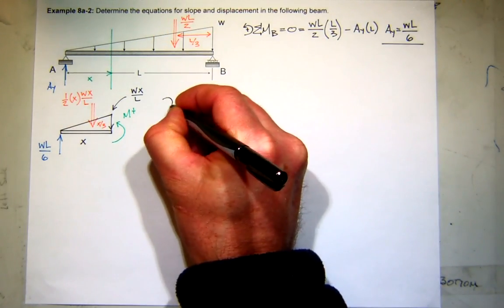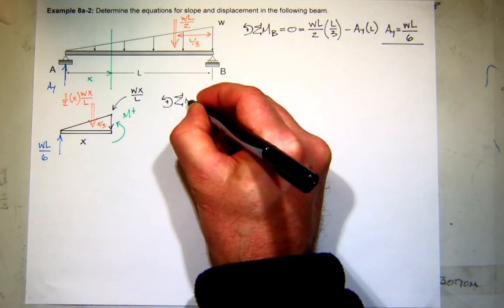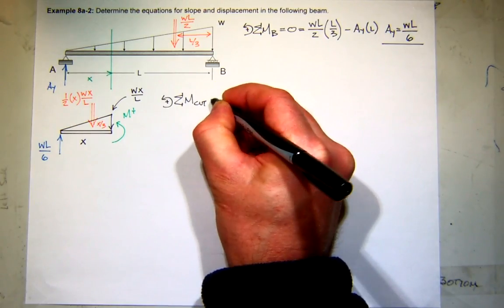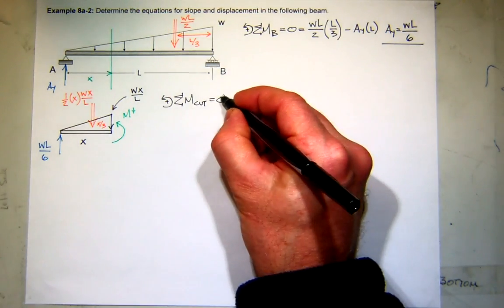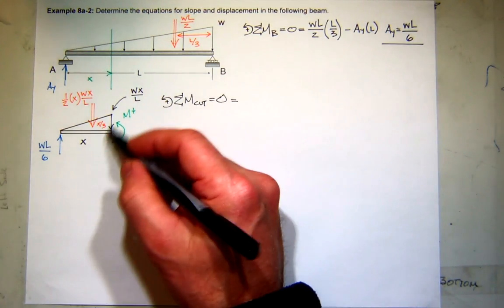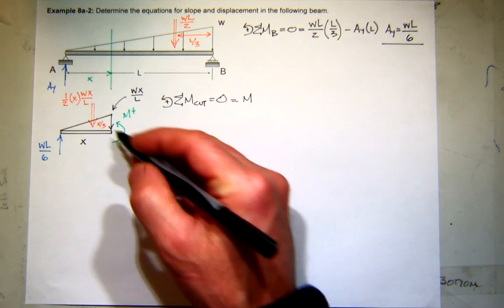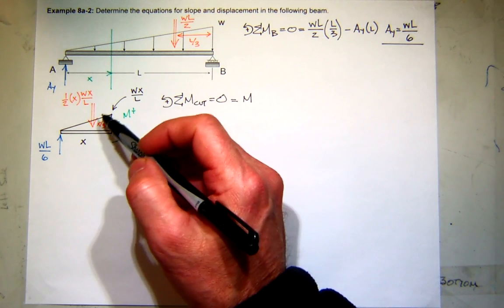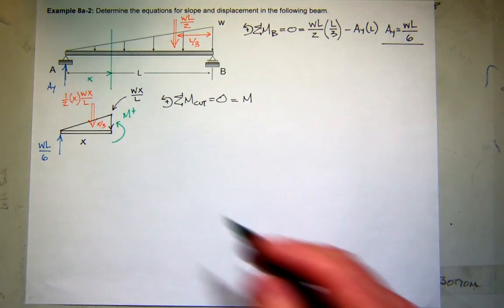So now I'm going to sum moments again at this cut that I just made, and make sure I'm in equilibrium. So what do I get? Well, my internal moment with my sign convention is positive. The moment of this concentrated equivalent force about the cut is also positive. So let's tidy this up.